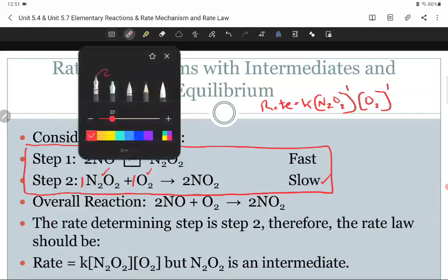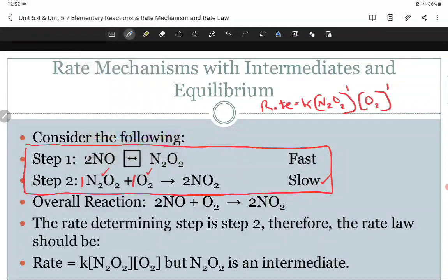And the problem is that N2O2 is produced in step 1 and then reacted in step 2. That means that that chemical is an intermediate. And intermediates cannot show up in the rate law. So it looks like we have a problem here. You can't just go, oh, you know what, let me just erase that. That doesn't work. You can't do that.